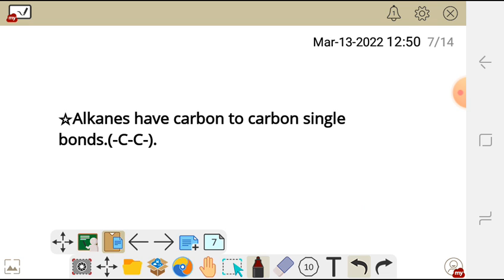The functional group is a single carbon to carbon bond. Whenever you see that in a compound, just know that it's the functional group of an alkane. Remember, a functional group is a group of atoms which determines the chemical properties of that organic compound. So they have single carbon to carbon bonds.